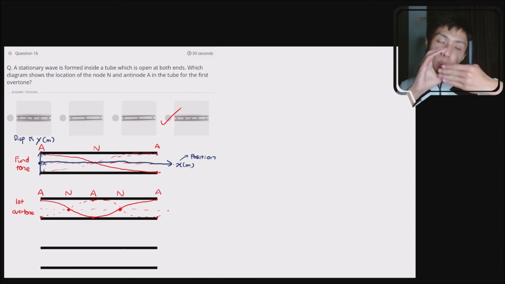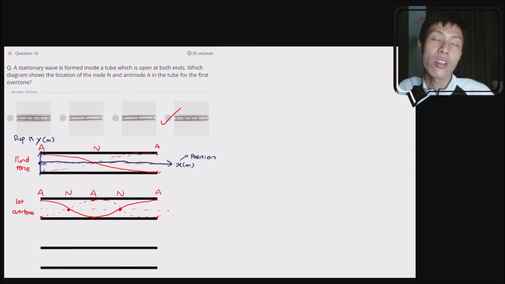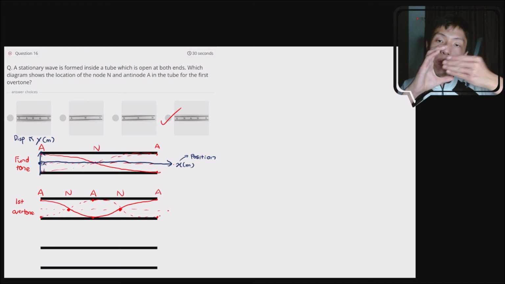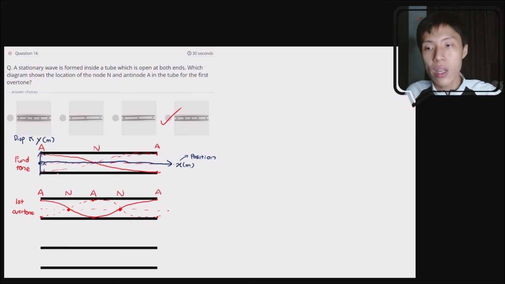So the wave that is produced, traveling in the pipe, is actually a longitudinal wave. It is not a transverse wave that is happening in the pipe. When you blow into the pipe, you are creating a longitudinal wave traveling back and forth in the pipe.